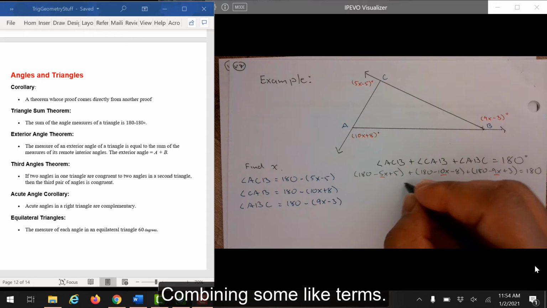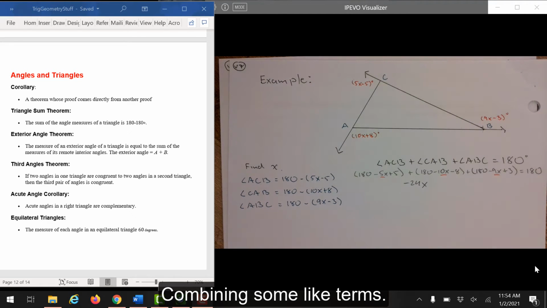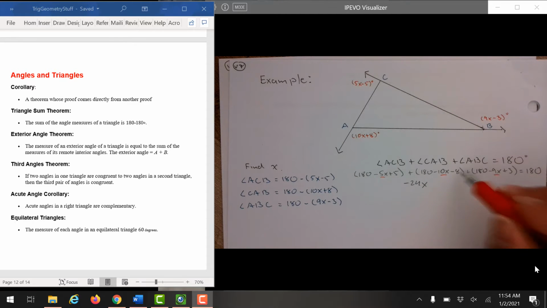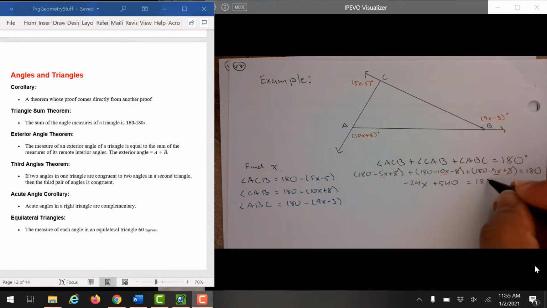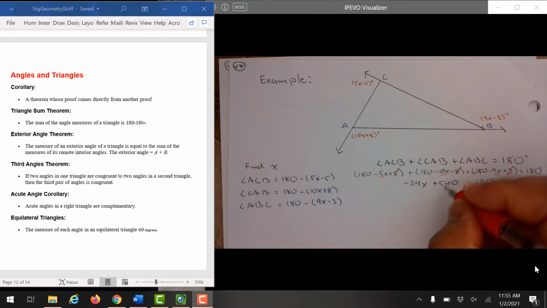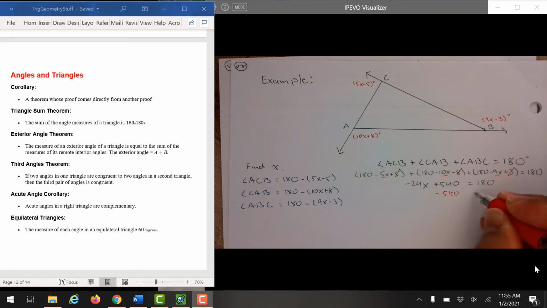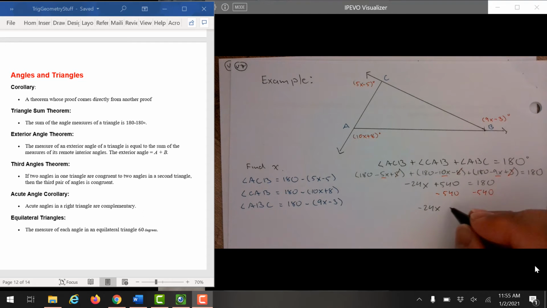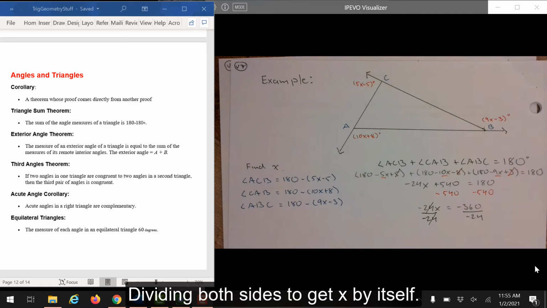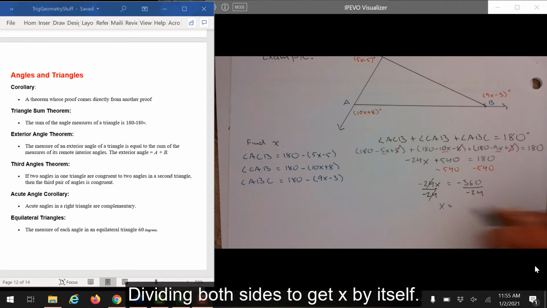Combining some like terms. Isolating x term. Dividing both sides to get x by itself.